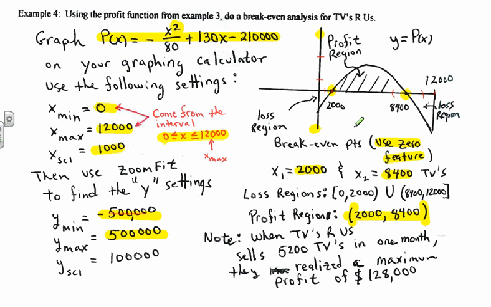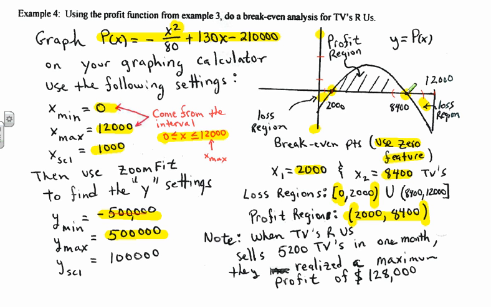The loss region is where the graph is below the x-axis, and it's below the x-axis in two locations. Notice the square bracket here, because when I plug 0 into the profit function, I get negative 210,000, which is a loss. So it goes from square bracket 0, and then a parenthesis on the 2,000.